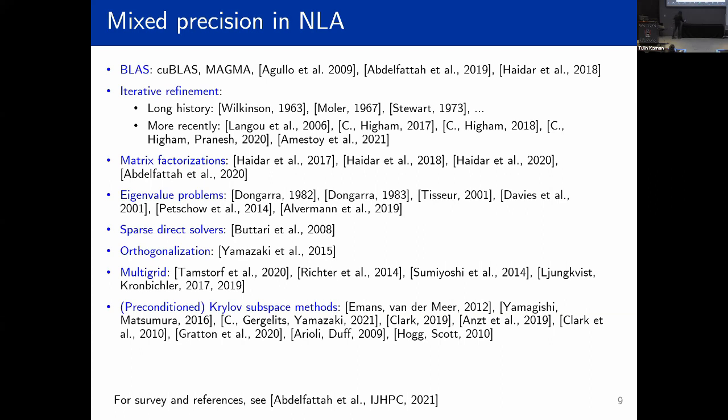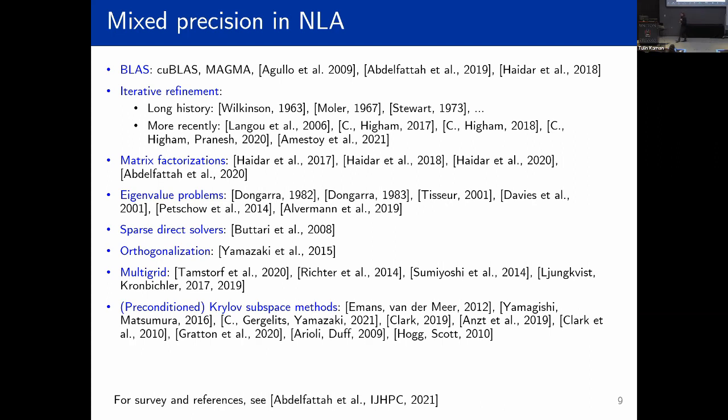So here's just a slide that is showing you all the different uses of mixed precision within numerical linear algebra that currently exist. You can find all of these in a survey paper published last year in IJHPCA. Okay, and so some of these go back to Wilkinson doing iterative refinement in the 60s. Some of them are more recent. All right, so we have specialized BLAS now that people are developing, that exploit these tensor core instructions that are now available.